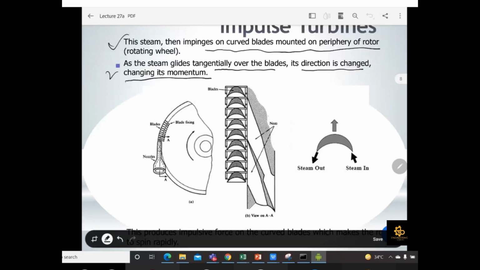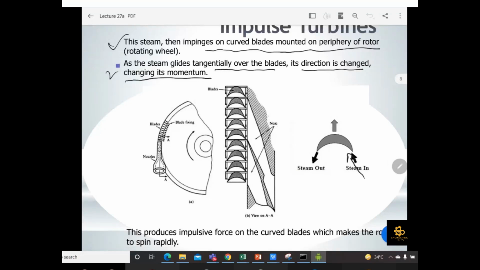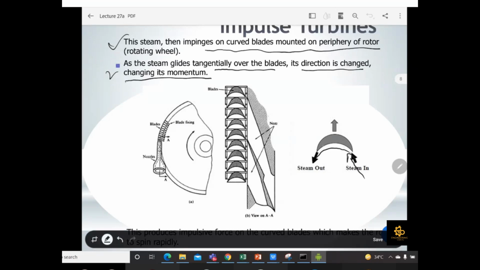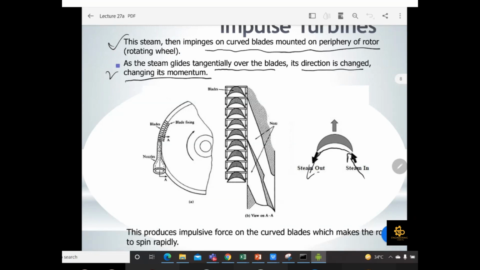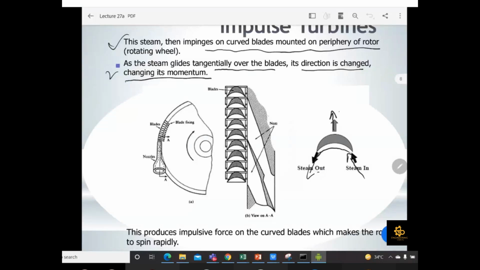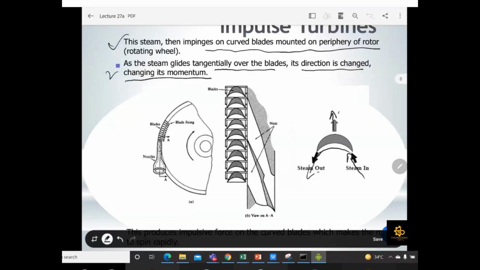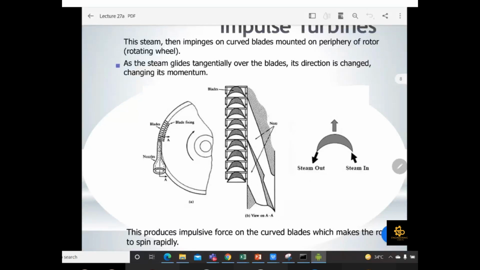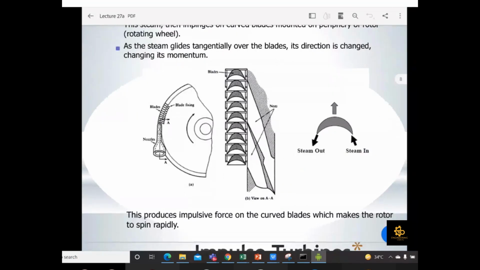Steam is coming in from one section of the blade, it glides over the curved section, and then it comes out. Due to this motion, there will be an impulse force in this direction, and your blade will move. This produces impulsive force on the curved blade which makes the rotor spin rapidly.